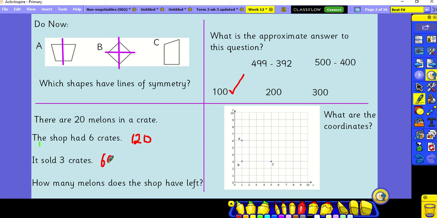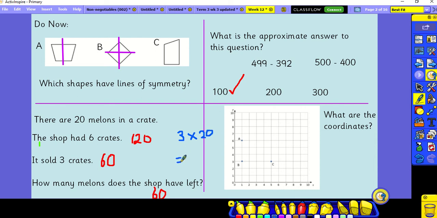So the shop had 120 melons. It sold 60 melons, so it has 60 melons left. I could have also done instead 6 crates take away 3 crates equals 3 crates, and 3 crates with 20 melons in each equals 60.